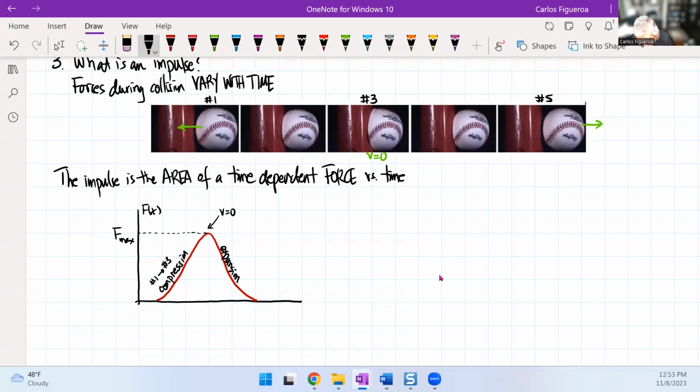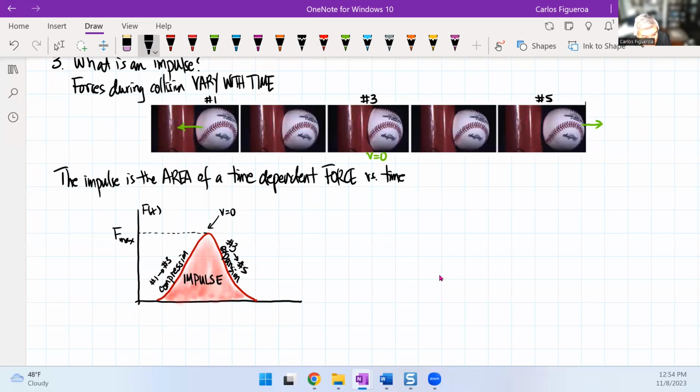And if we get the expansion, then the ball, which started from rest, speeds up all the way to frame 5. So if I'm looking at this, this area of this curve is what we mathematically call the impulse.